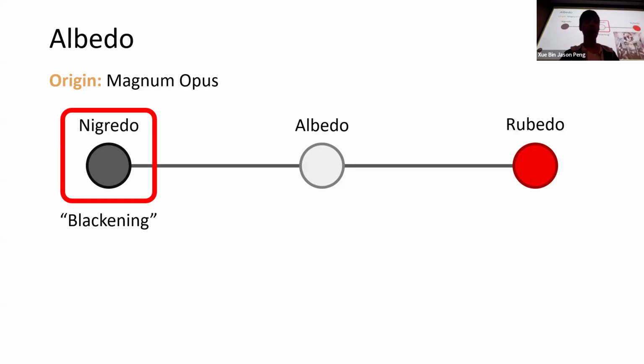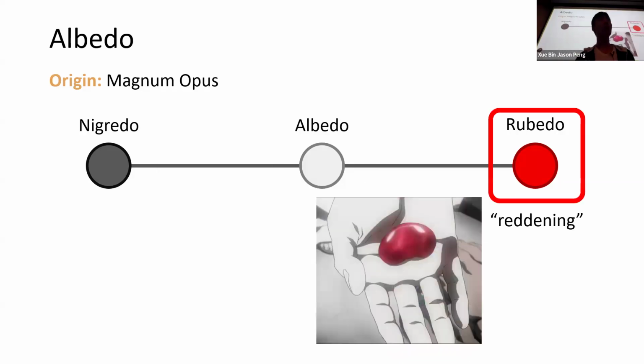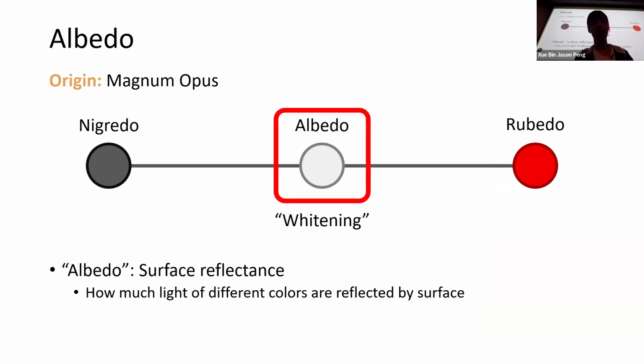The second stage is called albedo, which represents whitening. At this stage, the material turns white. And then the final stage of the process is called rubedo, which means reddening. At that point, the material turns red and you hopefully have yourself a philosopher's stone. So the albedo term in our illumination model comes from this second stage, which represents whitening.